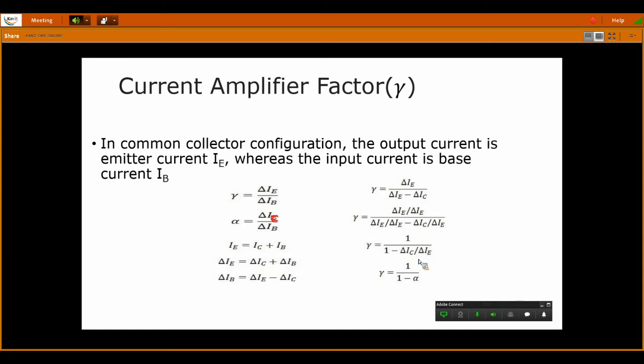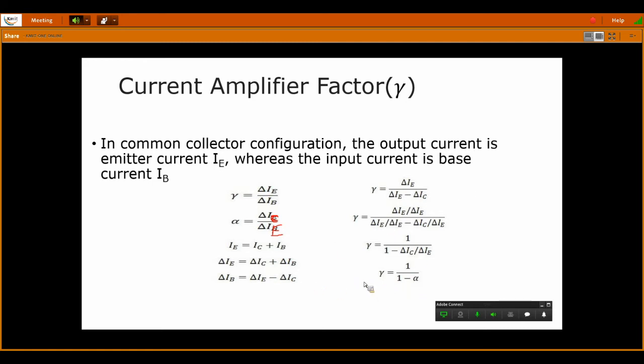Delta IC divided by delta IE gives alpha.